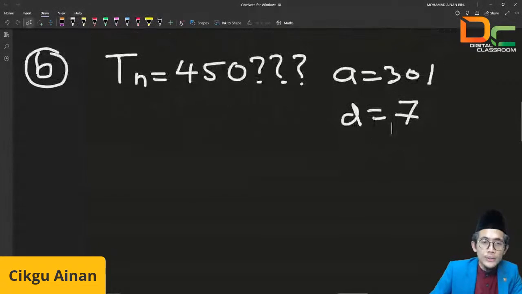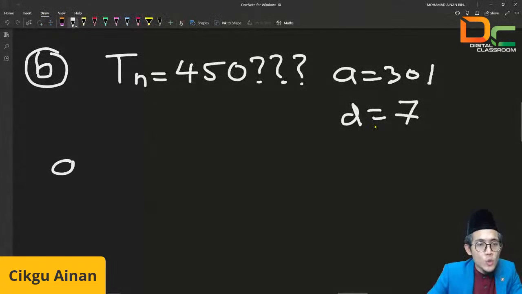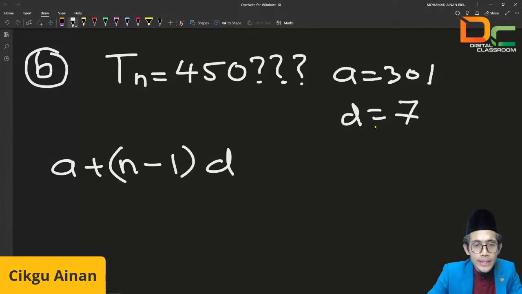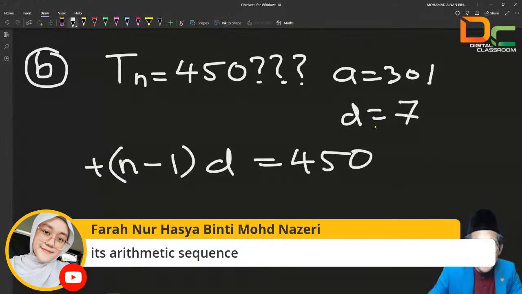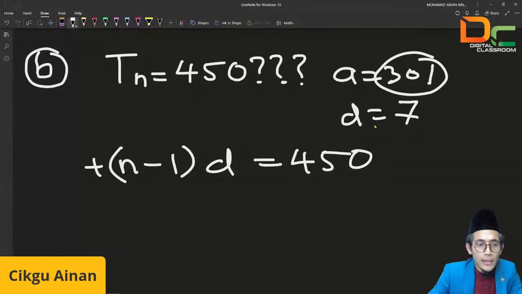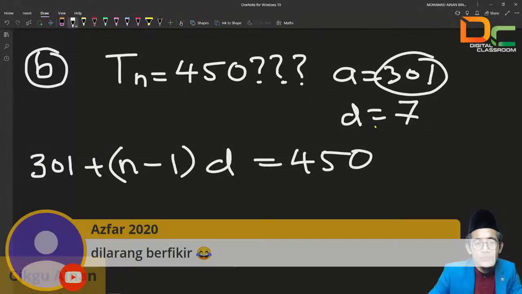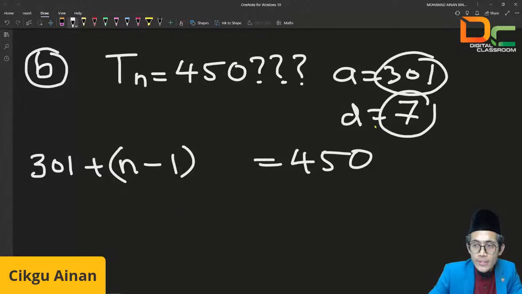Okay, so just use the formula. Okay, so A plus (n minus 1) D equals 450. Okay, so the A is over here, 301, and D over here is 7.